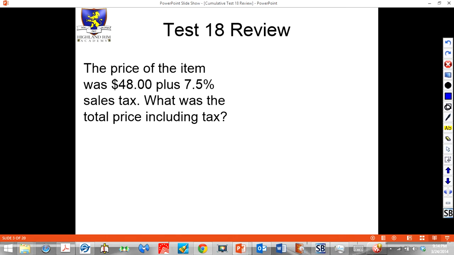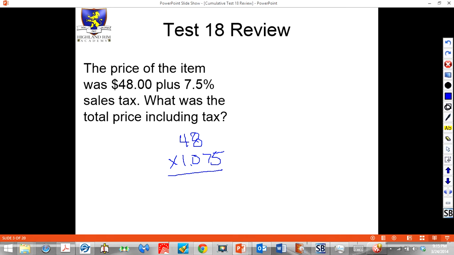But the way I would rather see it, because this reduces your steps, is it's going to be 48 times 1.075. The 1 represents the price of the object. 0.075 represents the sales tax. So it's 100%, which is 1, and 7.5%, which is 0.075.